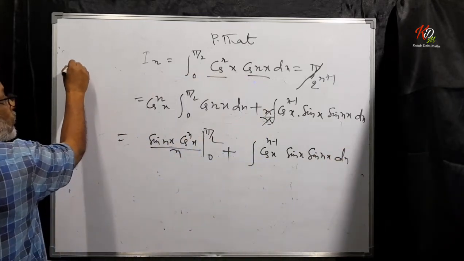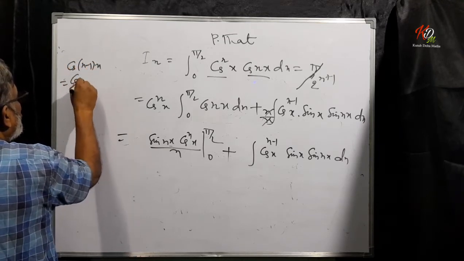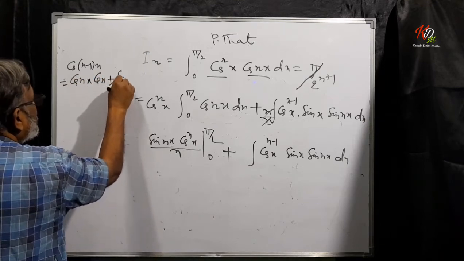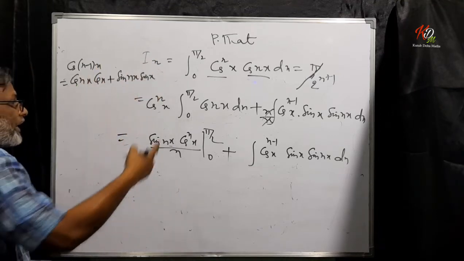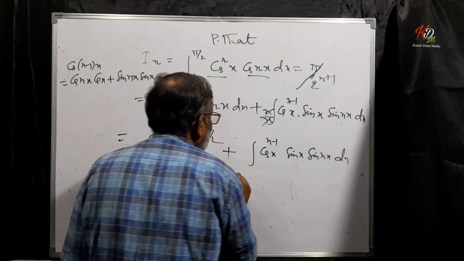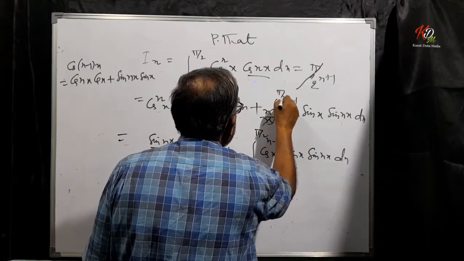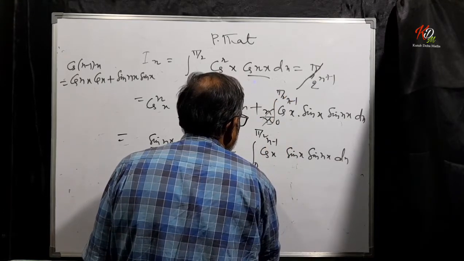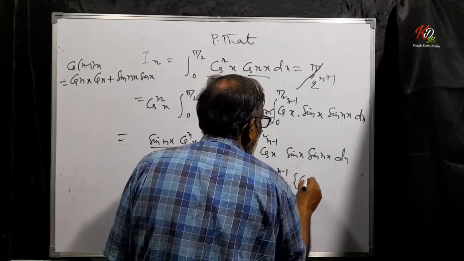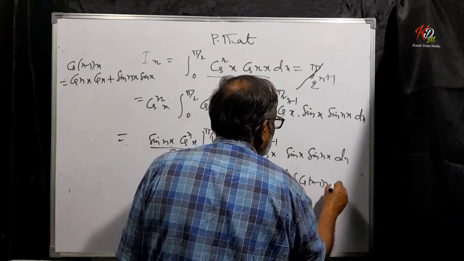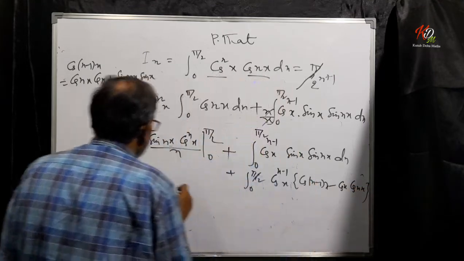Now cos n minus 1 x cos nx cos x minus sin nx sin x. Putting this value of sin nx sin x, we get cos n minus 1 x cos n minus 1 x minus cos x cos nx, from 0 to pi by 2, equal to I n.